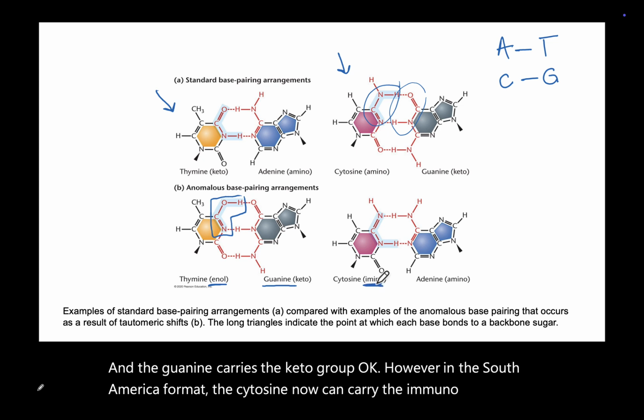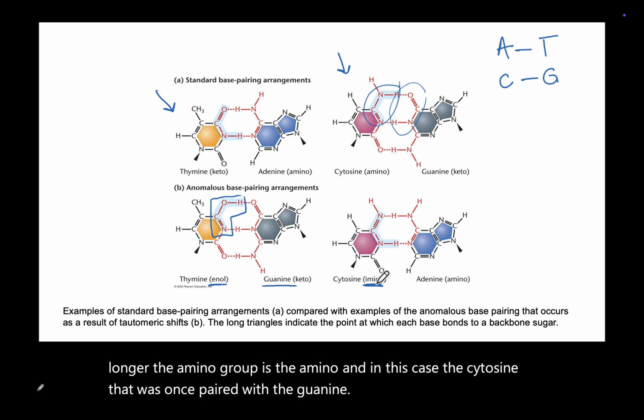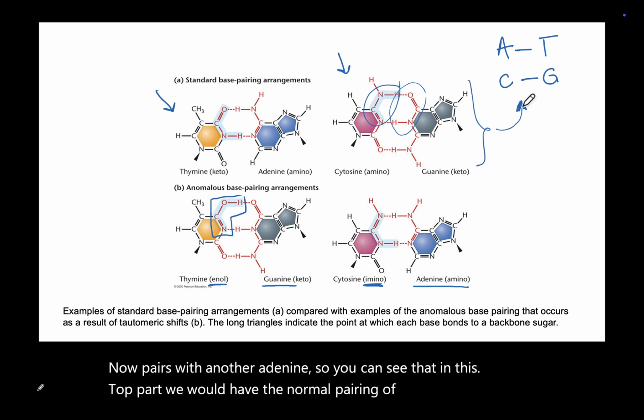It's no longer the amino group, it's the imino. And in this case, the cytosine that was once paired with the guanine now pairs with an adenine. So in this top part, we would have the normal pairing of the bases.